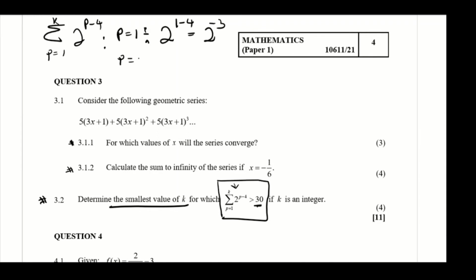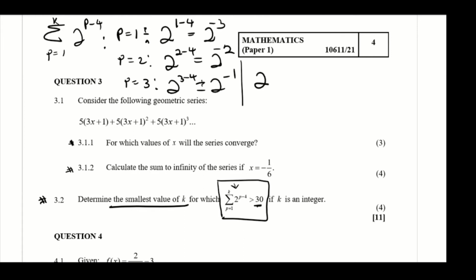And then when p is equal to 2, it's 2 to the power of 2 minus 4, which is 2 to the power minus 2. When p is equal to 3, it's 2 to the power 3 minus 4, which is equal to 2 to the power minus 1. So now we have our series, which is 2 to the power minus 3 plus 2 to the power minus 2 plus 2 to the power minus 1.